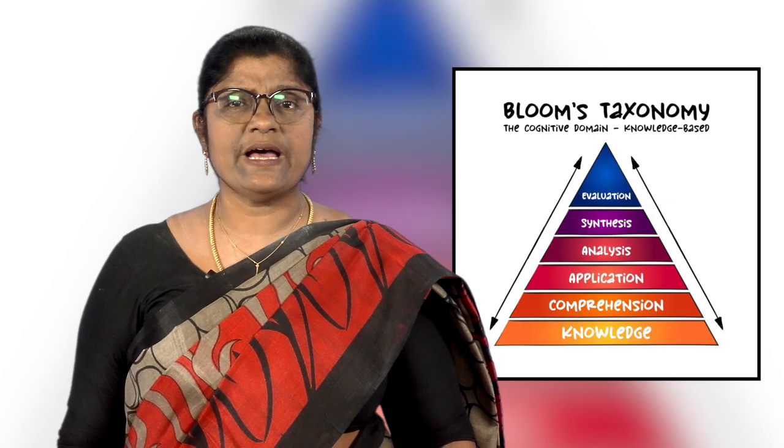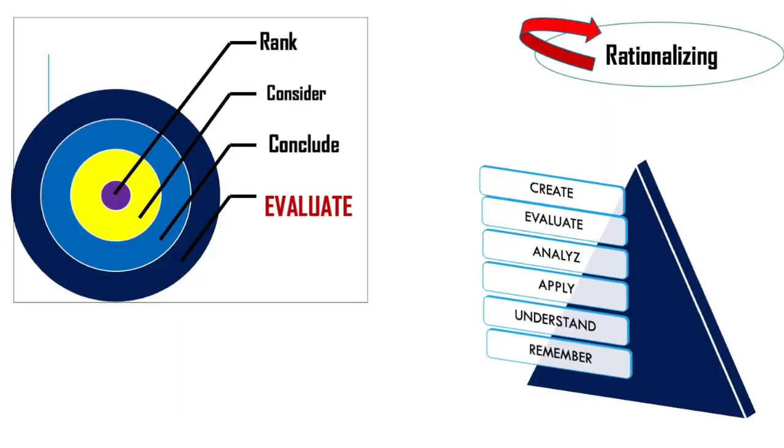Evaluate involves rationalizing based on the educational information and criteria presented to them, such as justifying a fictional court ruling. Learning outcome verbs for this level include conclude, consider, and rank.